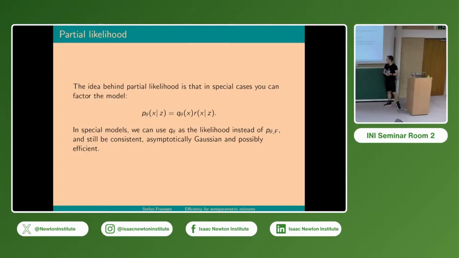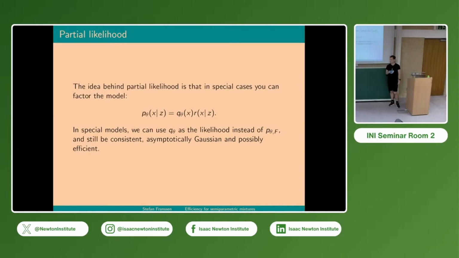So we have this p theta that we can factorize in a way such that this latent variable z does not appear in this first factor. And of course, the way it's written right now, we can do this always, because we can just take q to be 1. And then we take r theta of x given g to be p theta of x given g, and then we have not achieved anything. But if we can do this for some special factors, maybe we can achieve efficiency.